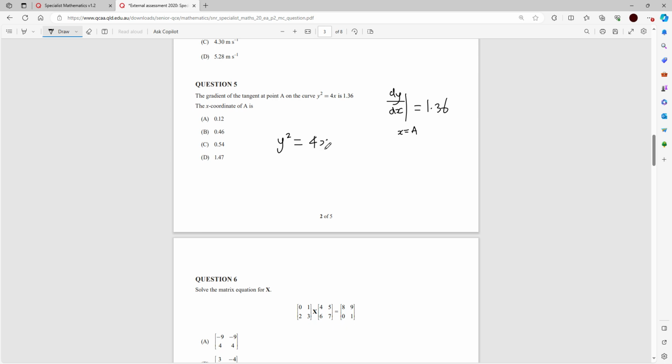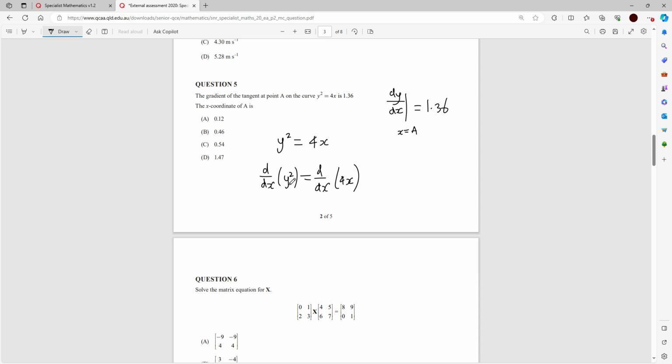Now it's kind of annoying at the moment, because you don't have y by itself, so you need to do it implicitly. So what you're going to do is differentiate both sides with respect to x. The right hand side is really easy to differentiate. It's this side we have to take apart slowly. When differentiating something implicitly, we know y is a function of x.